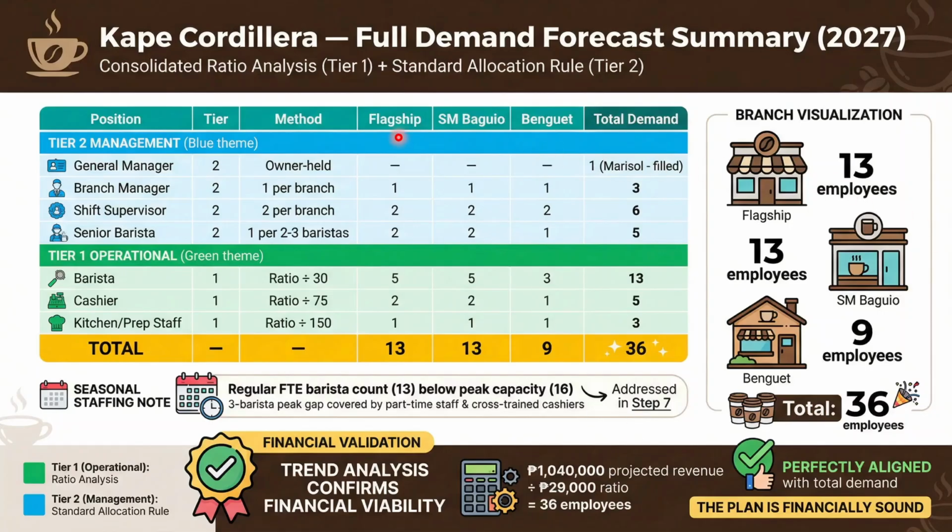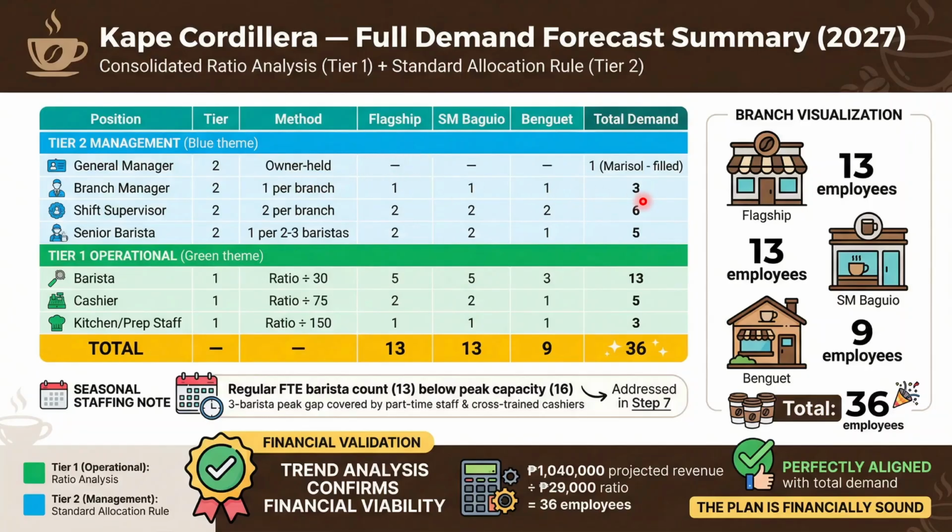So, we all now come together with this full demand forecast summary. Okay? So, notice that hindi lang iisang method ang ginamit dito. Ano? So, we use various methods, ratio, trend, managerial estimate for the management positions because of the organizational structure. Okay? Then we can come up here with the full demand forecast.